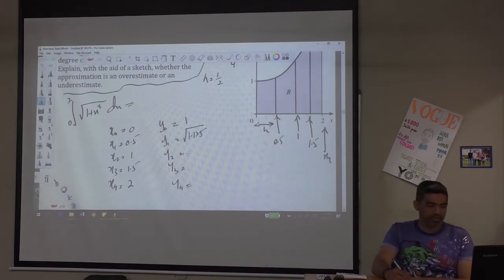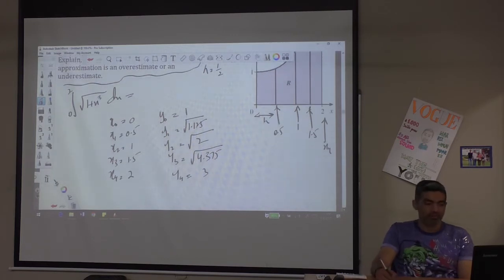Exact value, that's fine. So y2 क्या है? Root 2. y3, 1.5 cube plus 1, 4.375. Exact. Yes. y4 is exact 3. This is what we're getting. Agreed?